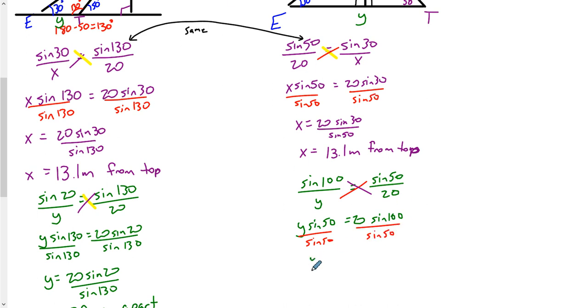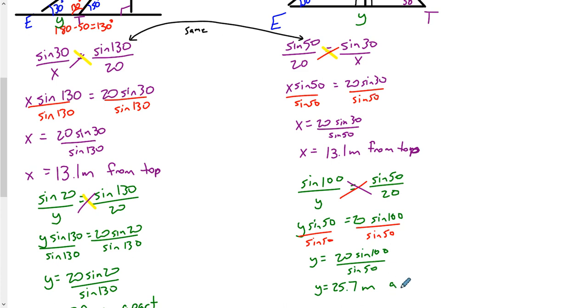Do our manipulation. So 20 multiplied by the sine of 100 divided by the sine of 50. I get 25.7. The units would be meters.